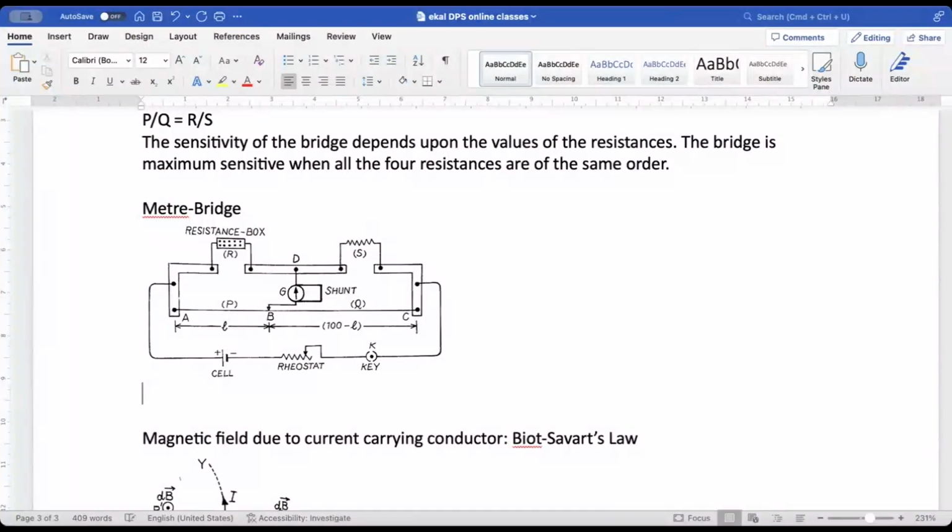So the meter bridge is based on the principle of the Wheatstone bridge.